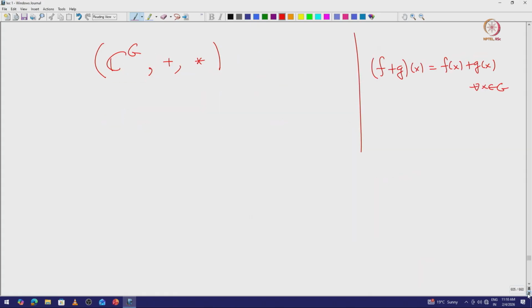With this one can see that CG with plus and star is indeed a ring, and if we count the vector space structure as well, then that tells you that CG is a C algebra. I will verify that it is a ring, and we already verified it is a vector space. So that would give us that it is a C algebra.